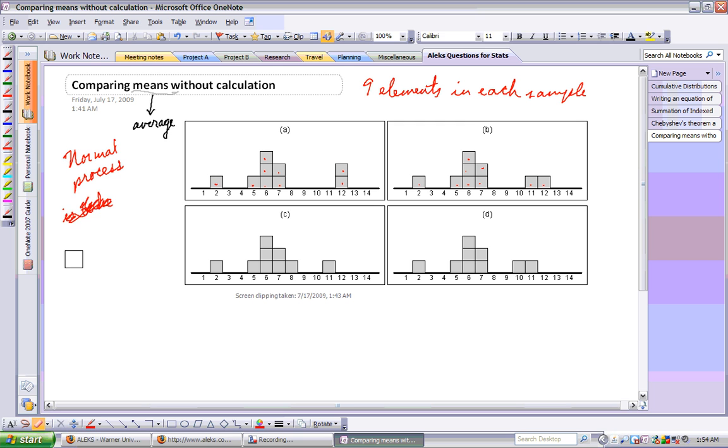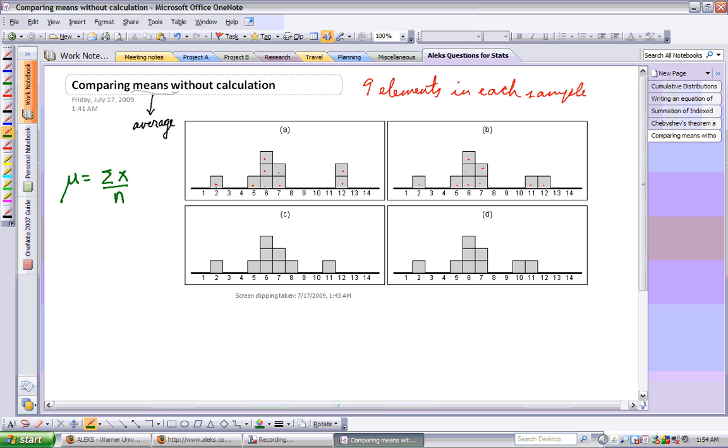The normal formula for mu, for the mean, you guys learned back in middle school. They didn't give it to you like this, but mu is the sum of all the values divided by n, which is the number of values.